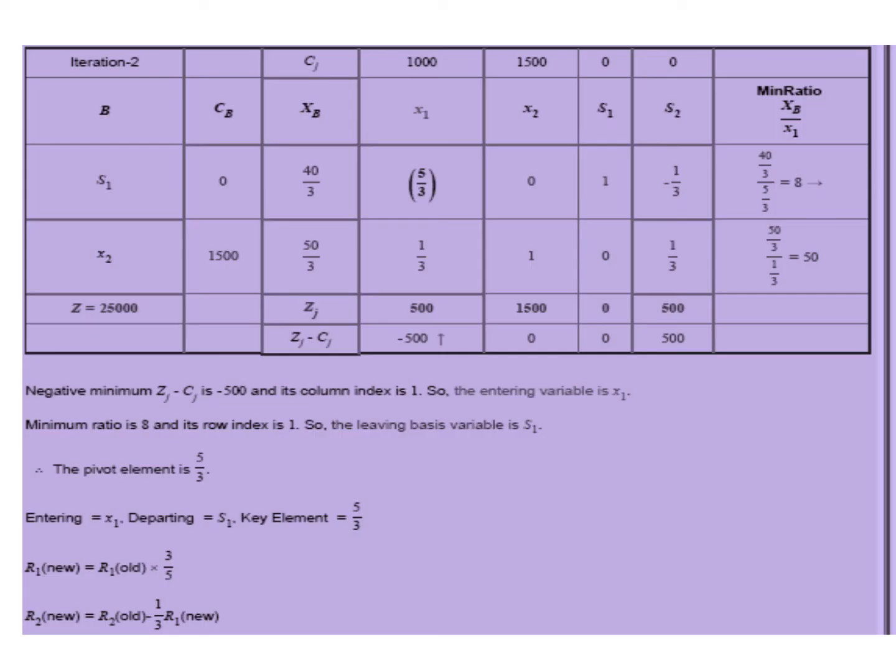Now we come to the second table. The second table has now been formed. Again, we have this value Zj minus Cj. Zj minus Cj in this particular case for x1 is minus 500, whereas for x2 and s1 it is 0, 0, and for s2 it is 500.